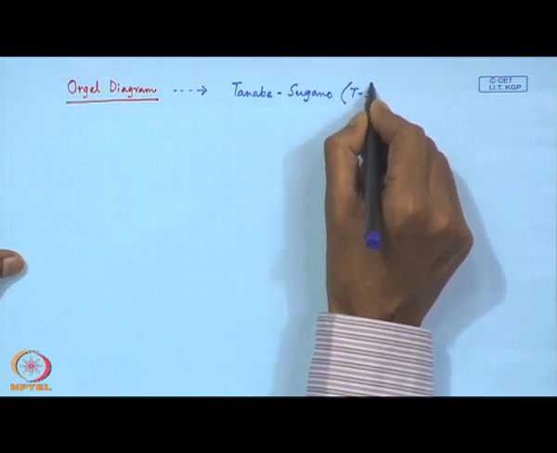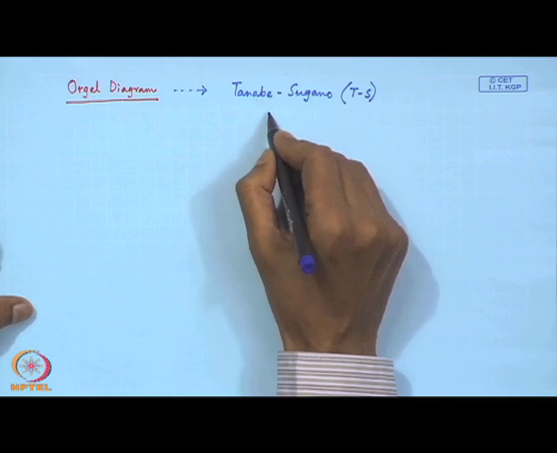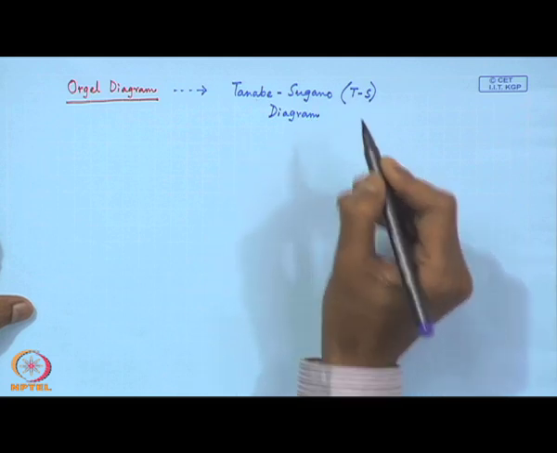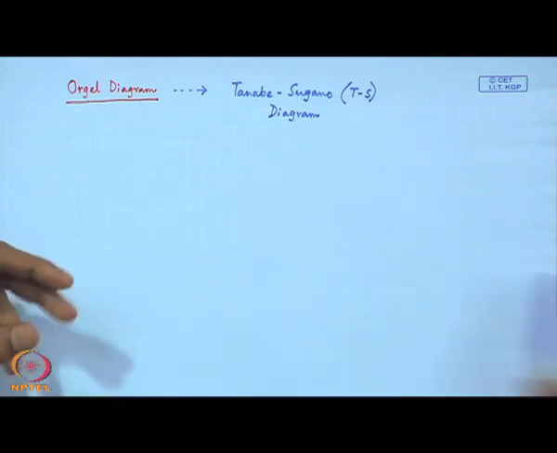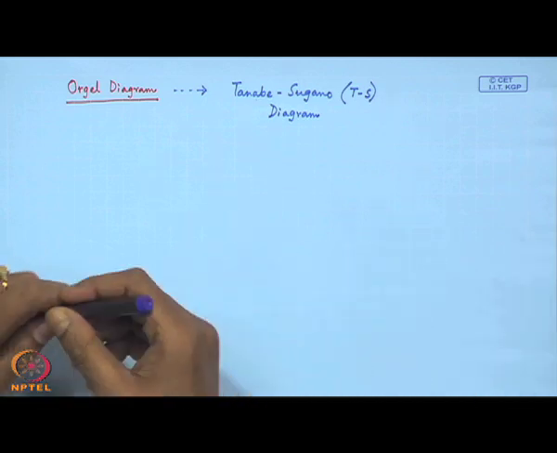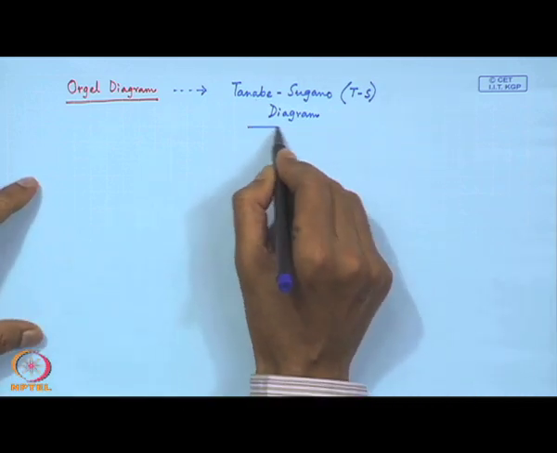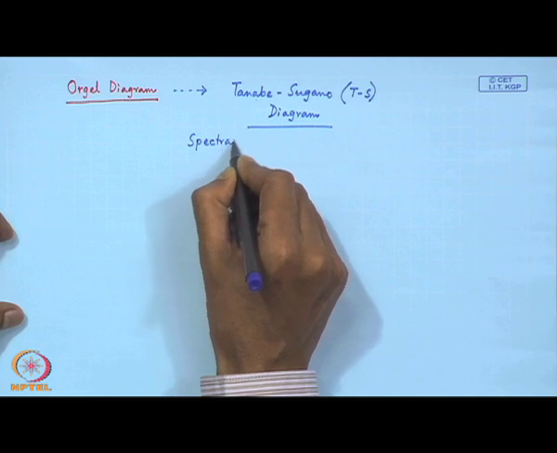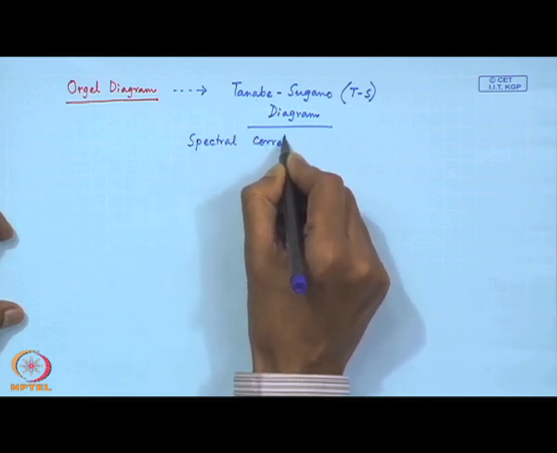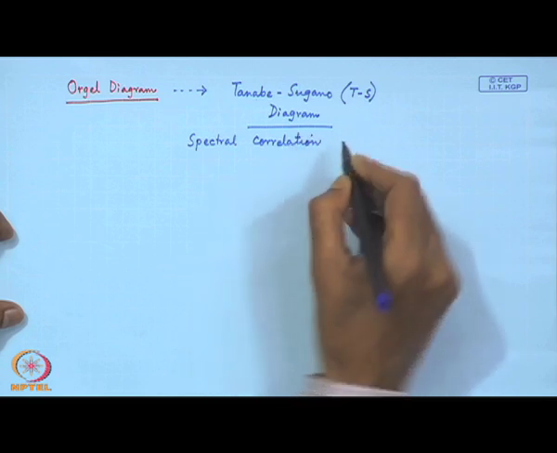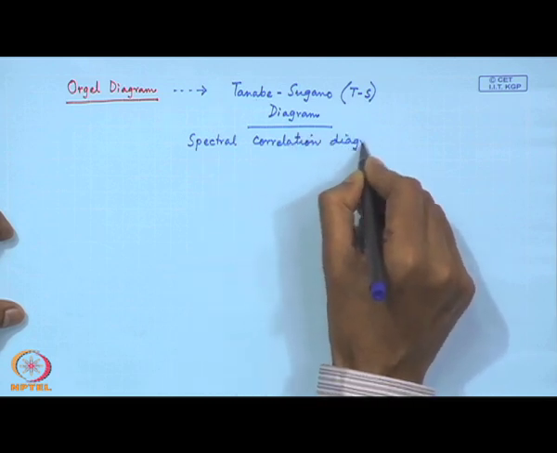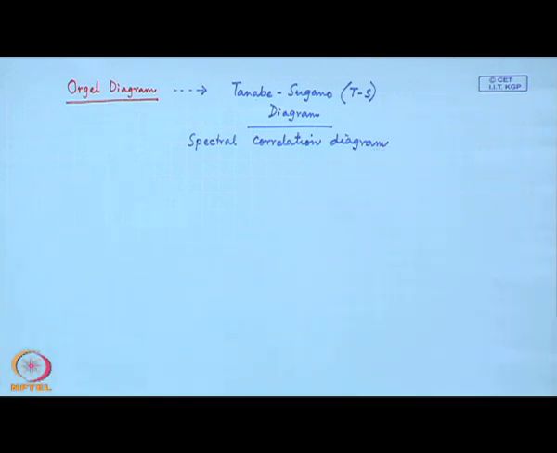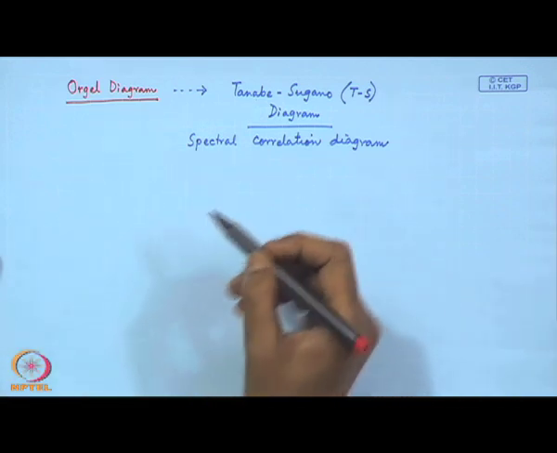Or TS diagram. So, Tanabe-Sugano diagram. This diagram will tell us that this is also a spectral correlation diagram. And this particular one is very much useful in the interpretation of the electronic spectra.